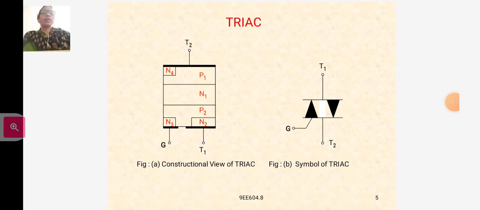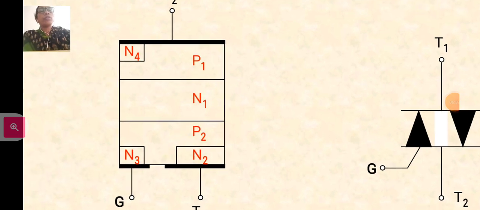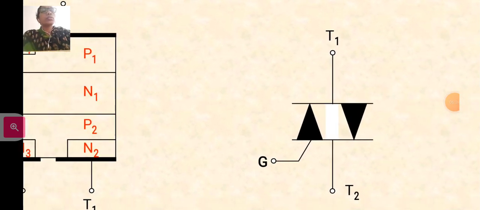This is the diagram of the triac. The triac also has four layers, PN, PN. This is the construction view of the triac, and this is the symbol of the triac.